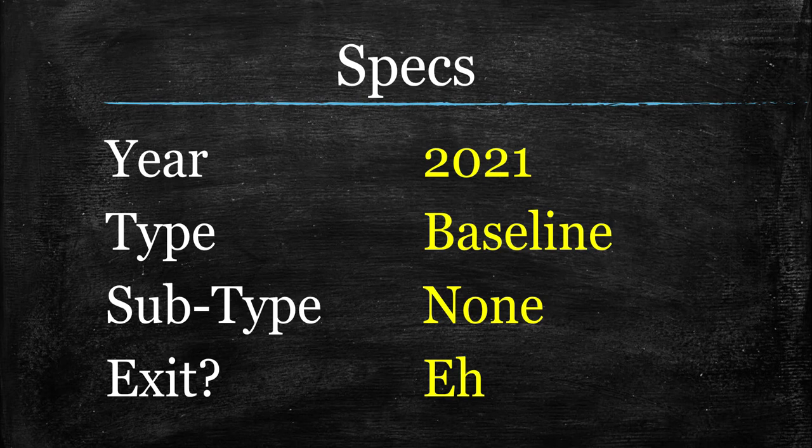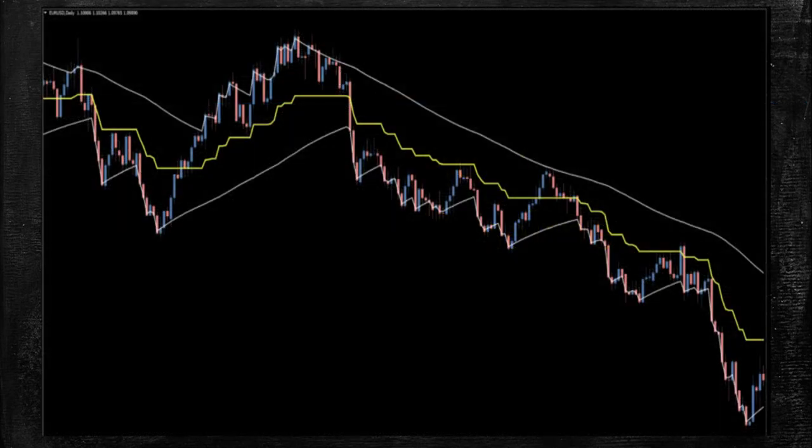So that being said, let's go ahead and take a look at the G channel baseline indicator. It looks like this before we make our changes. Now, what changes do you think we're going to make? Well, you obviously have your baseline version right here in the yellow. And then you have these channel lines. I'm not sure what their purpose even really is.